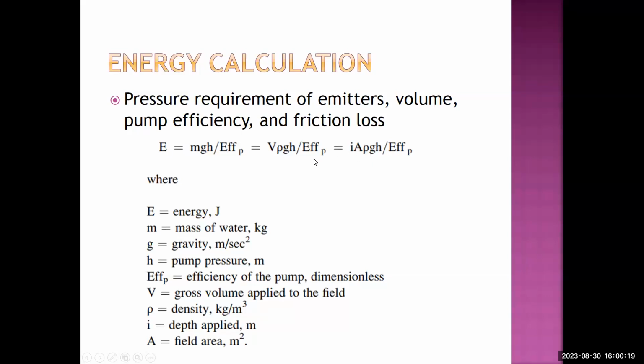Okay, so now we're going to move on to the energy calculation, so the cost of energy. And first, it's easy to confuse power and energy. What is power?